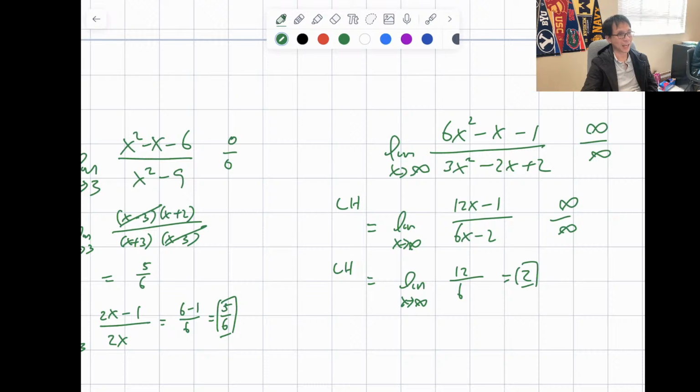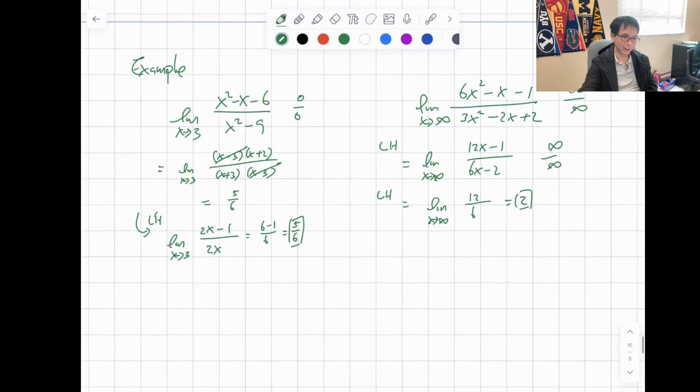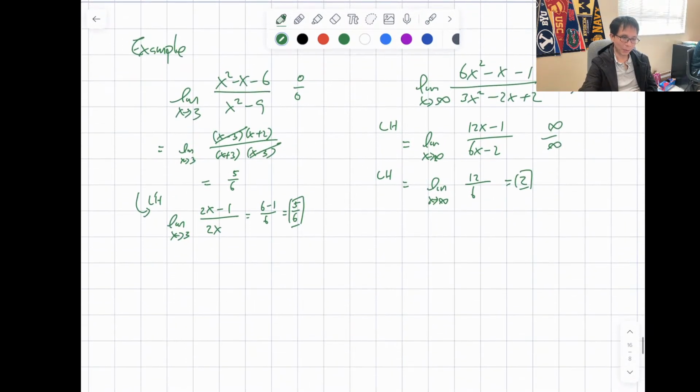Now, with that being said, great, right? But how about this question? I'm also reviewing some easy ones, okay? The limit as x approaches infinity of 10x to the 100 minus 5x to the 50 over 6x to the 100 minus 7x to the 90. Something like this. Here's my question. Do I want to take a derivative 100 times?